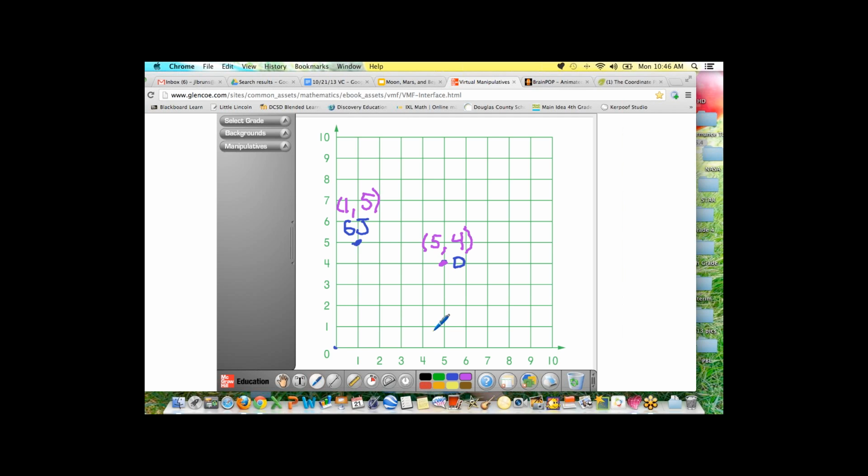For Grand Junction, I went over 1 and up 5, so the ordered pair for Grand Junction would be 1 comma 5. That makes sense?